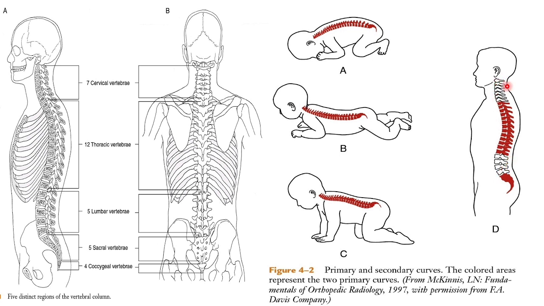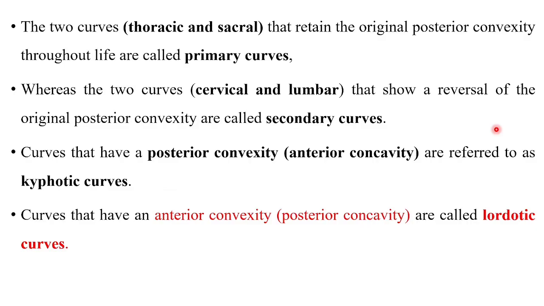You can see here that the cervical and lumbar regions have posterior concavity and anterior convexity, but the thoracic and sacral regions have anterior concavity and posterior convexity. So this is the difference between the primary and secondary curves.